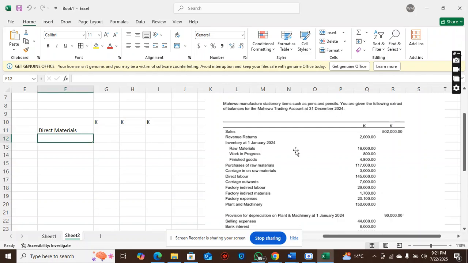Yes, raw materials opening stock, right?